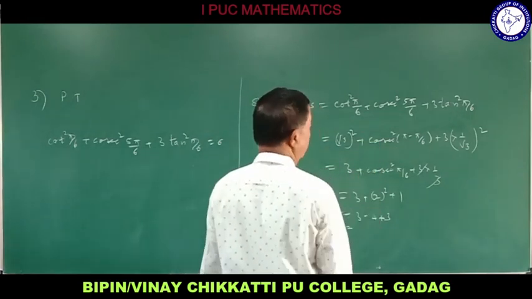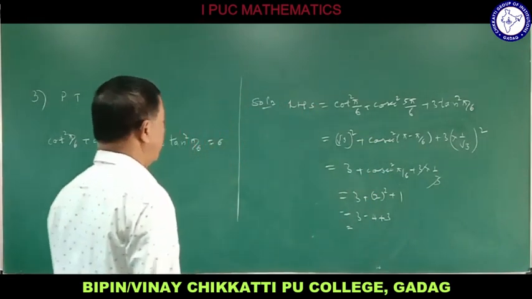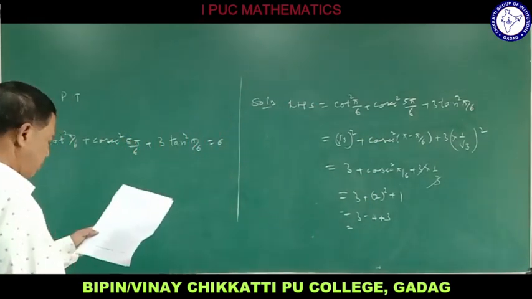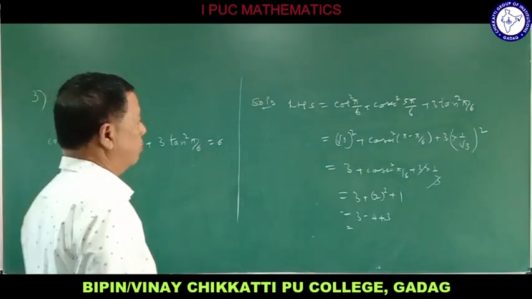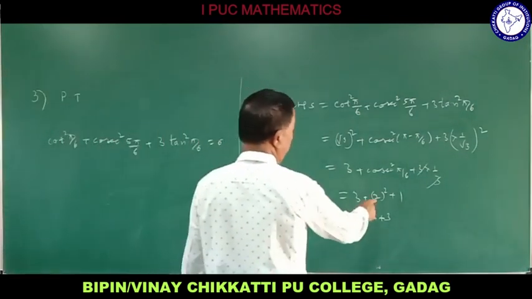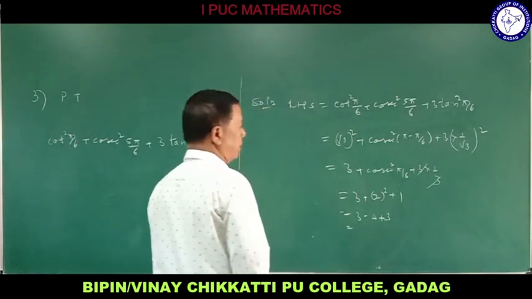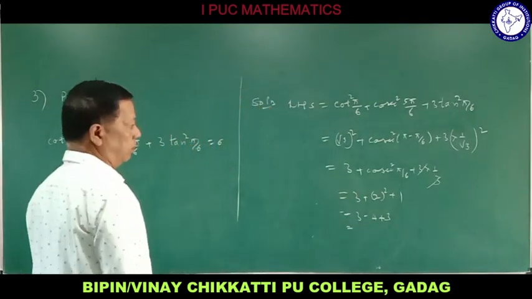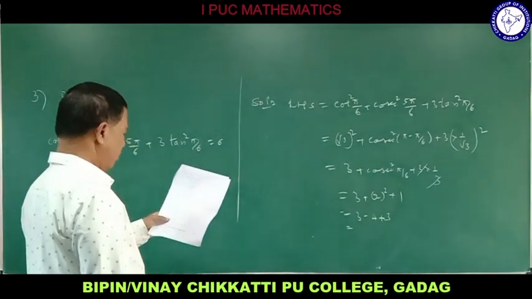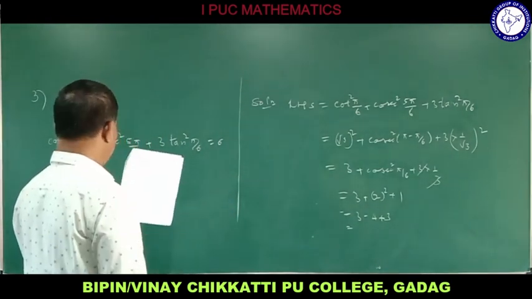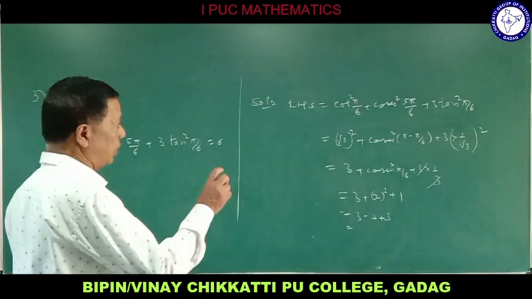The answer is 6 that you have to follow here. Sine 30 is 1 by 2, and it is 2 square. And the mistake that has happened, I am going to explain here.